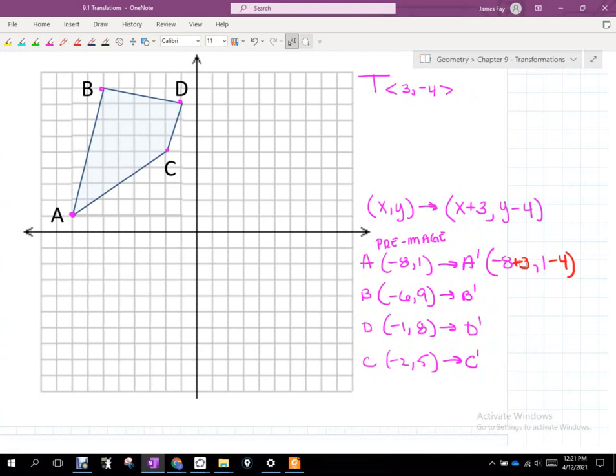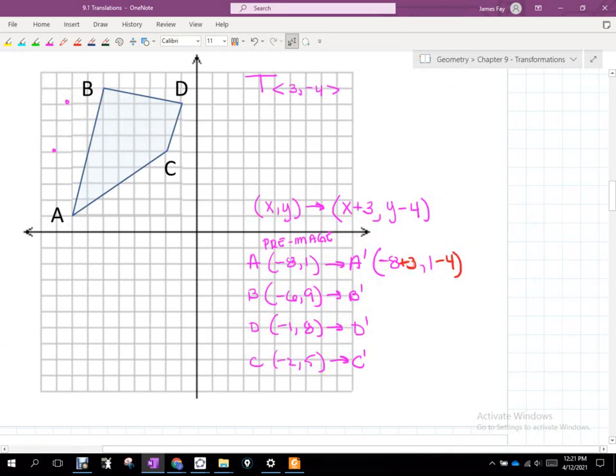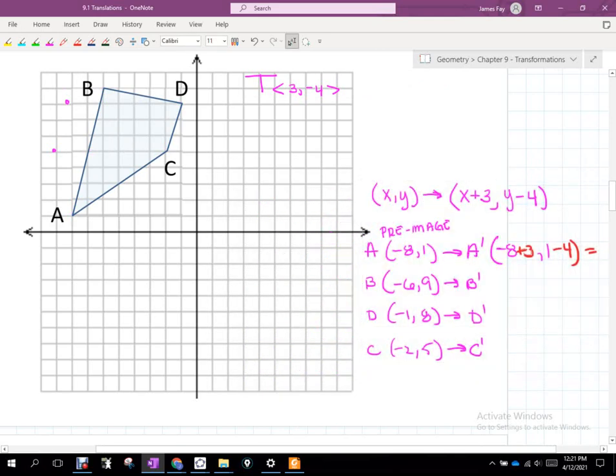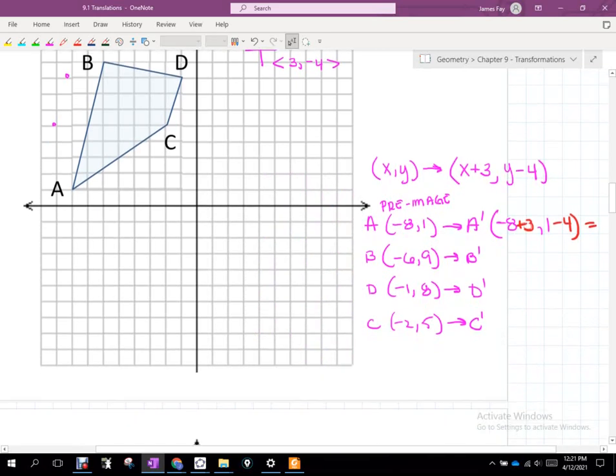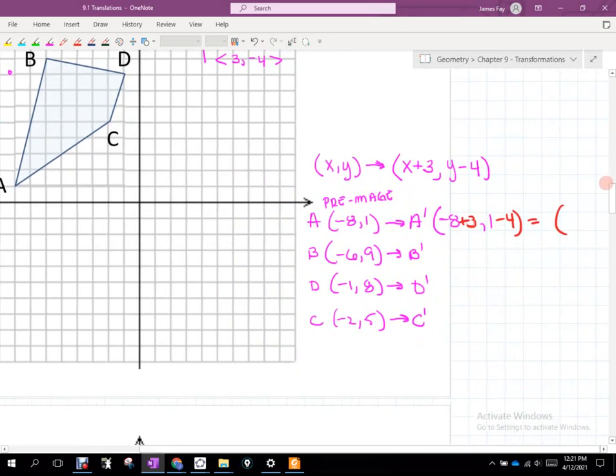And when we do that, we get negative 8 plus 3. So negative 8 plus 3 would give me what? Negative 5. And then 1 minus 4 gives me negative 3.